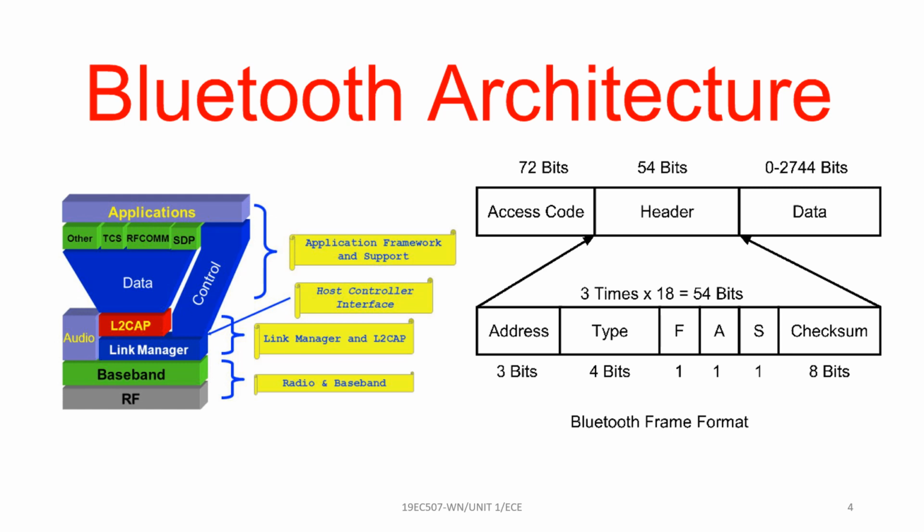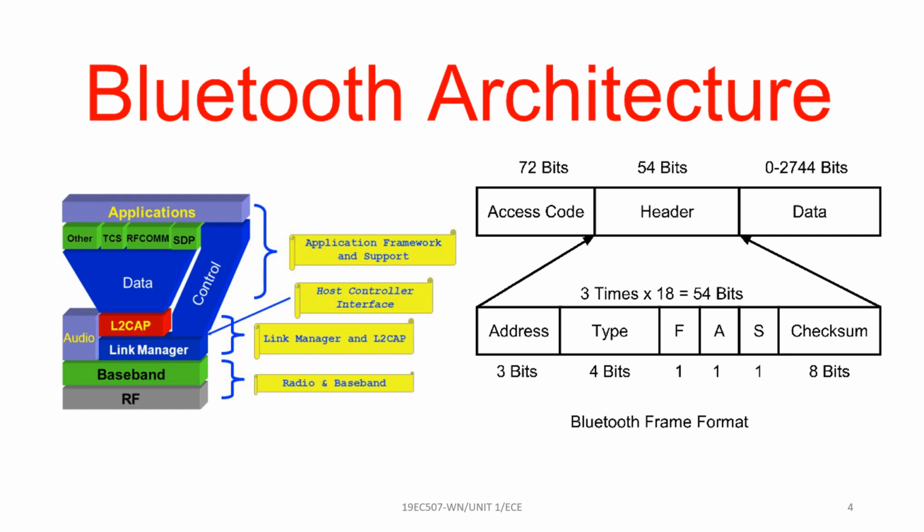Now we'll discuss the architecture of Bluetooth. When we talk about the Bluetooth protocol stack, we have basically the physical layer, then the link layer, and then the application layer. The physical layer covers the radio layer as well as the baseband layer, and this forms the bottommost layer.